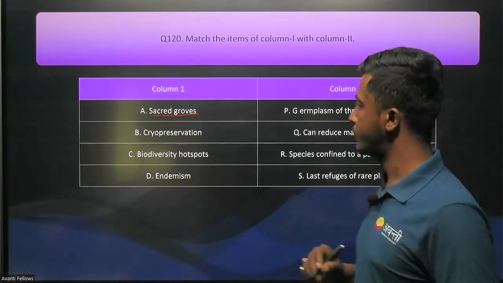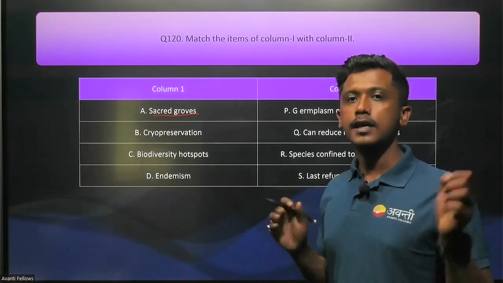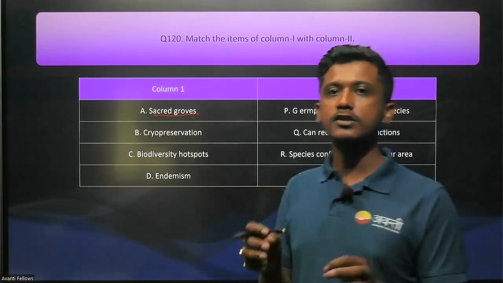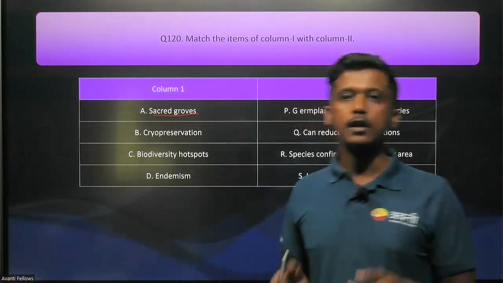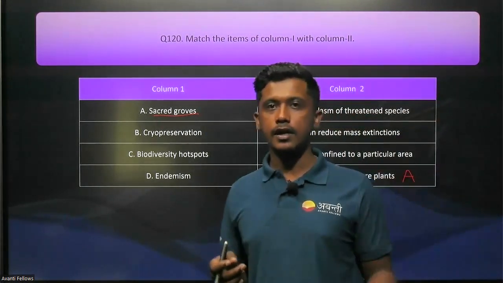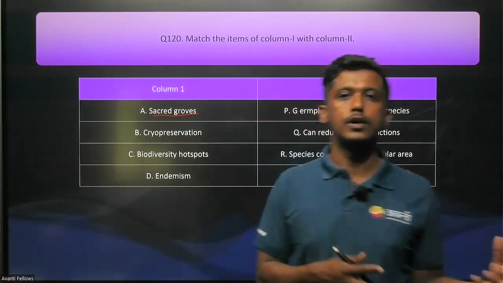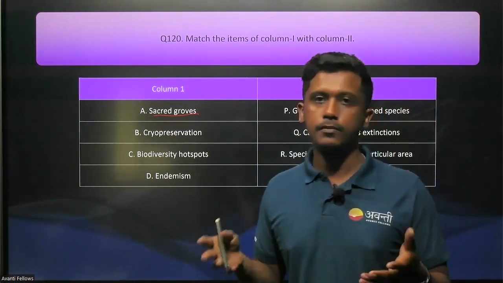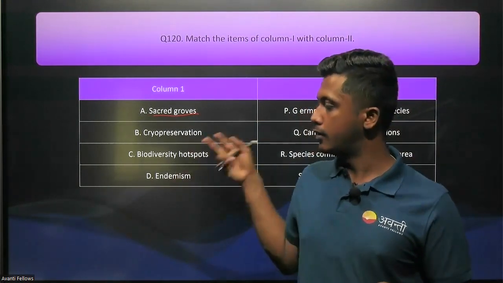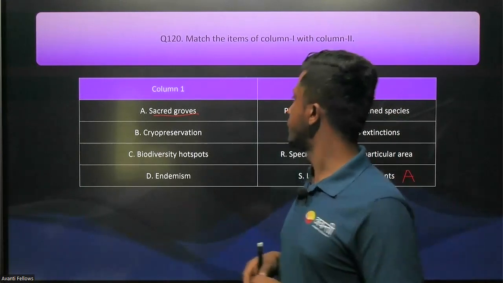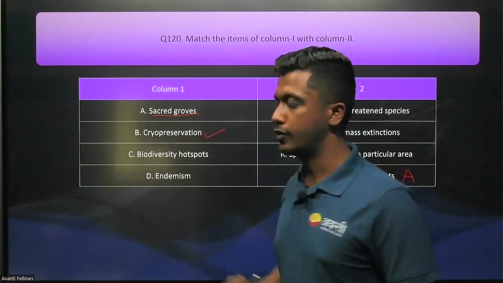So I'll write it as A. Cryopreservation. It is a scientific technique where we preserve organic material such as tissues, cells, or any biological products at a very, very low temperature, such as minus 190 degrees Celsius, using liquid nitrogen. So this process is called cryopreservation.